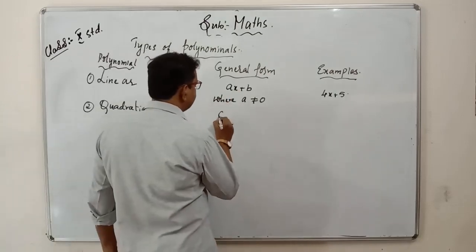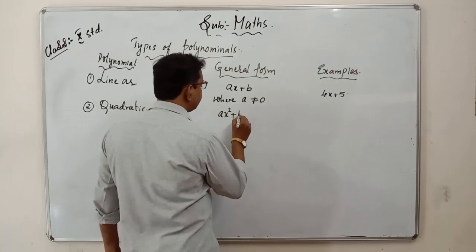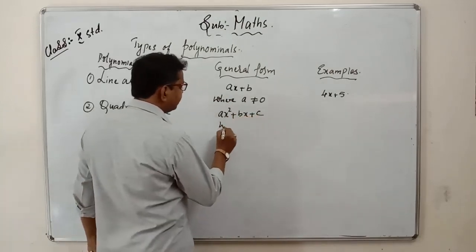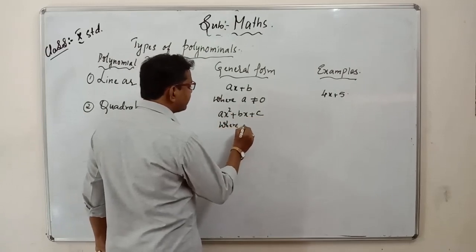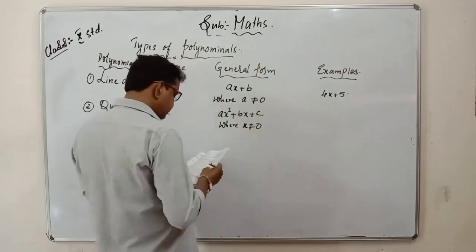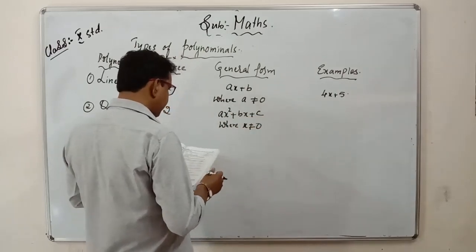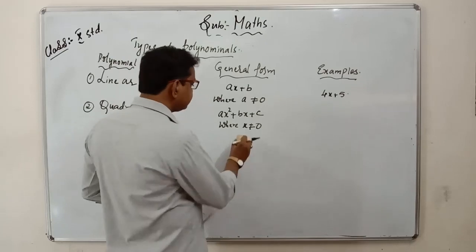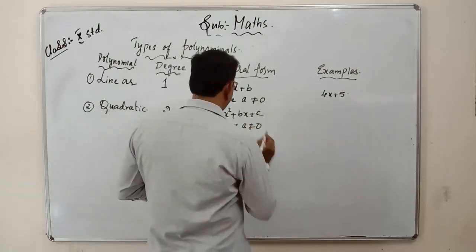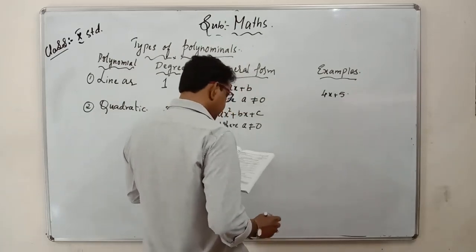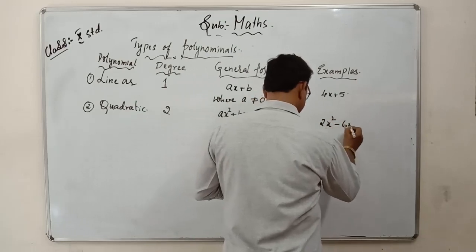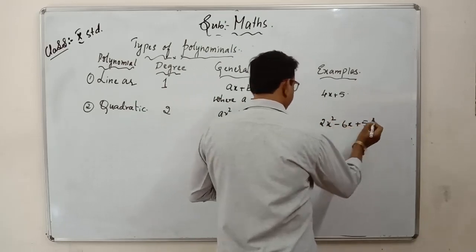General form is ax square plus bx plus c, same thing where a is not equal to 0. And the example is 2x square minus 6x plus 5.